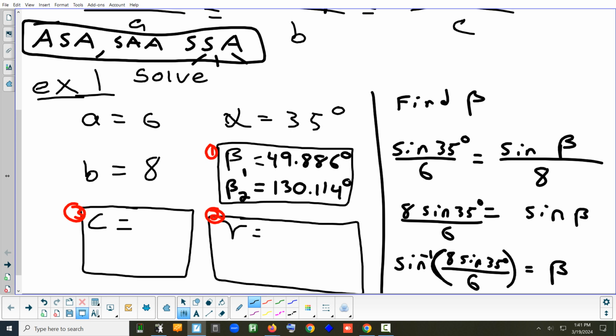We're using the same table because A, B, and alpha are part of both problems. All the given information is part of both problems. That's why we use the same table. So now if beta has two answers, that means gamma will have two answers. And what else will have two answers? C. Yep.